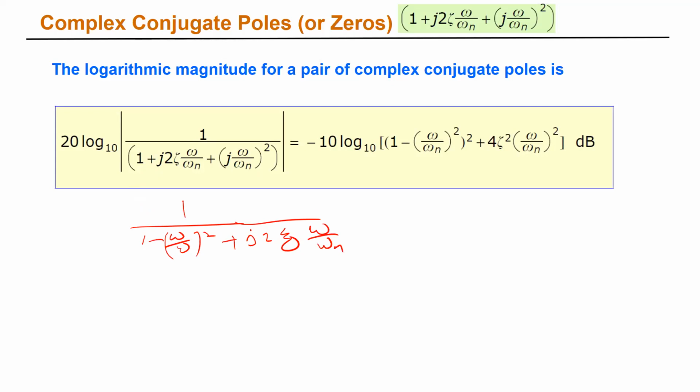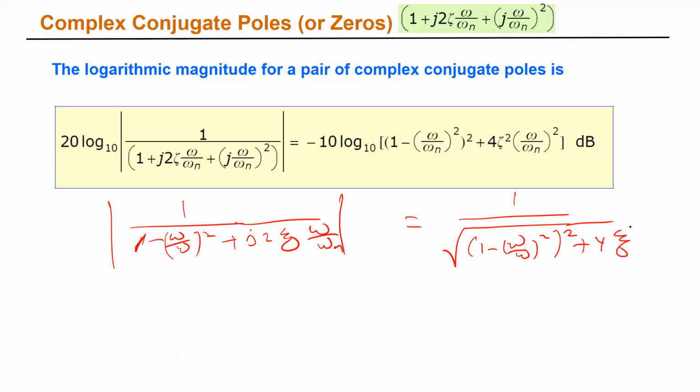If I want the magnitude, what will be the magnitude of this quantity? It is 1 over the square root of (1 minus (omega over omega n) squared) all squared plus 4 zeta squared (omega over omega n) squared.